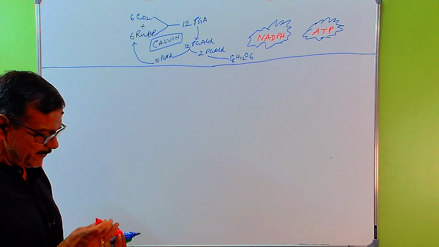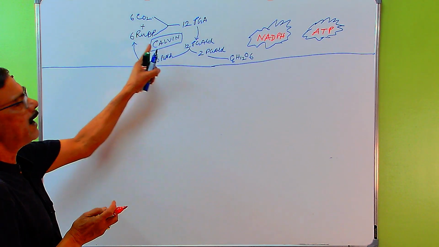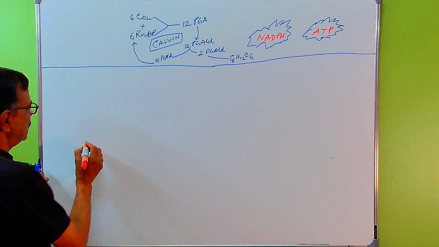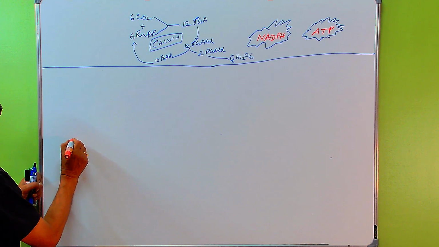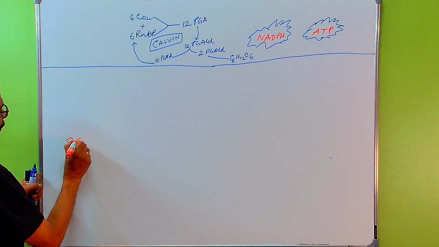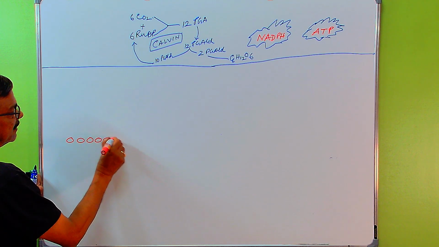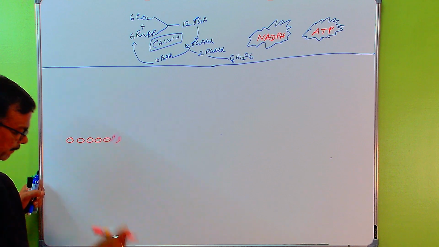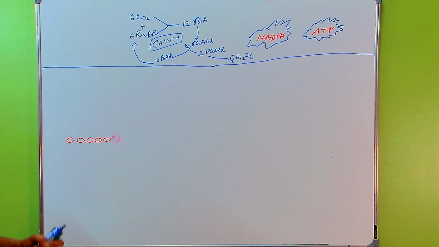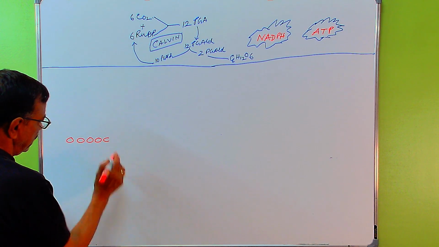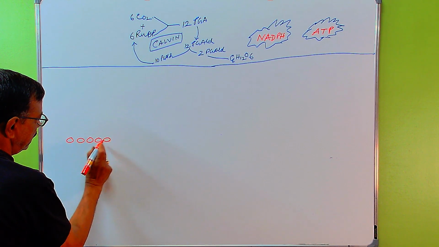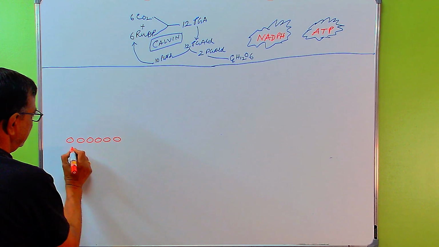Let us elaborate. 6 pieces of RuBP. So I am writing 6 pieces here: 1, 2, 3, 4, 5, 6. 1, 2, 3, 4, 5, 6.